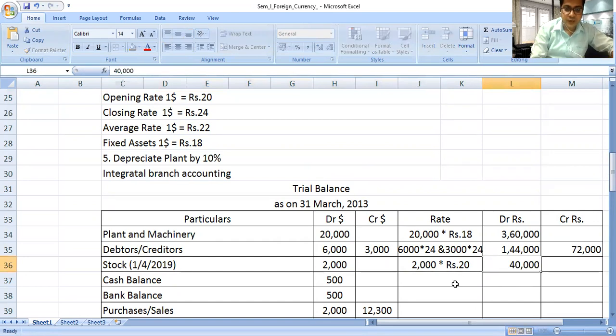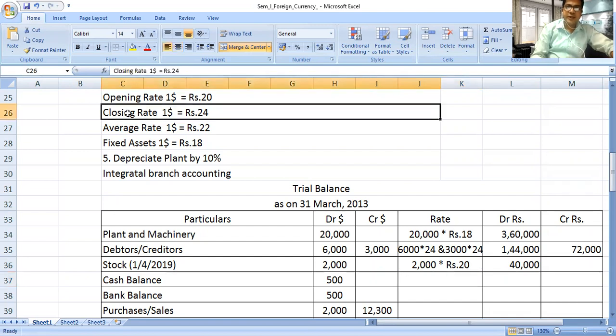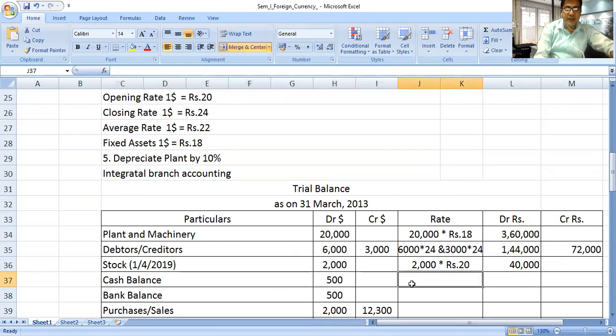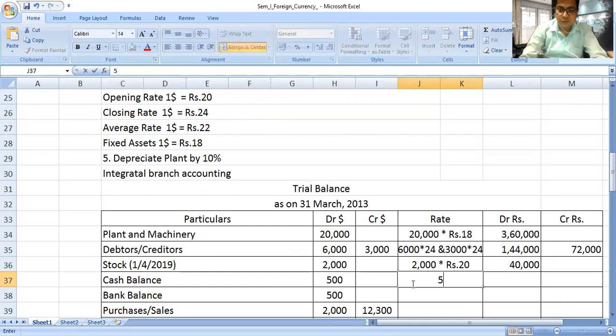Right. Then cash balance. Which rate is applicable? Cash balance is a monetary item. As I have already provided in our notes, we consider the closing rate for monetary items. So here 500 into closing rate 24.